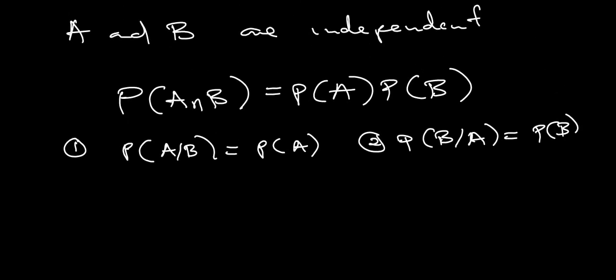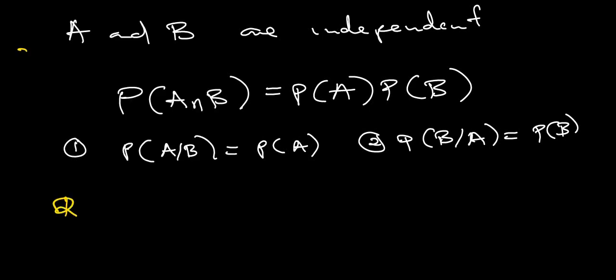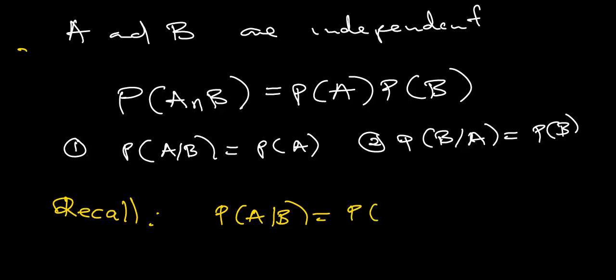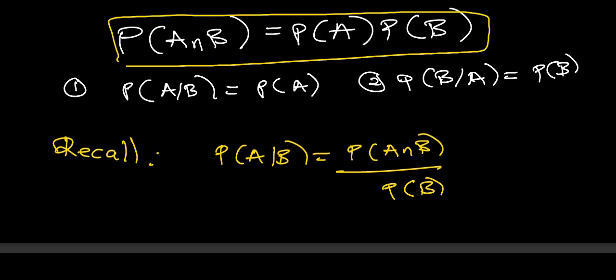So in case you're wondering where this is all coming from, this formula here is coming from, recall, that probability of A given B is equal to the probability of A intersection B over the probability of B, right? Now from the independent events formula, their intersection is equal to their product.